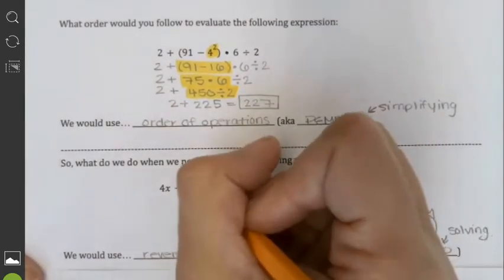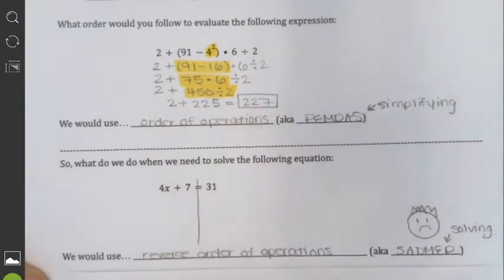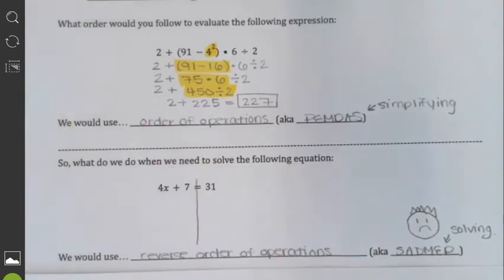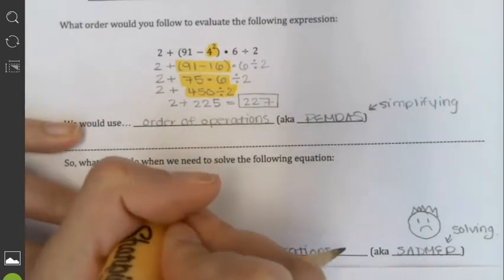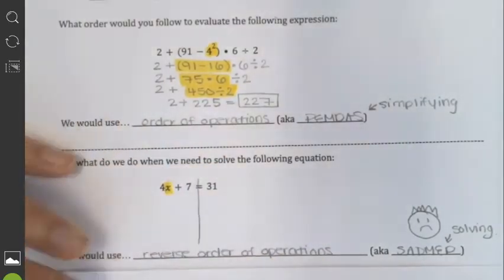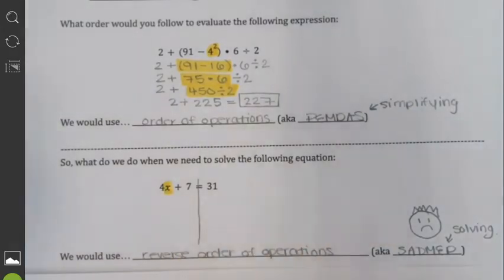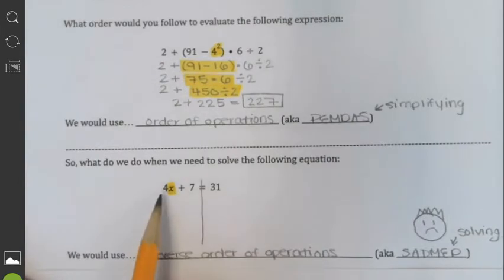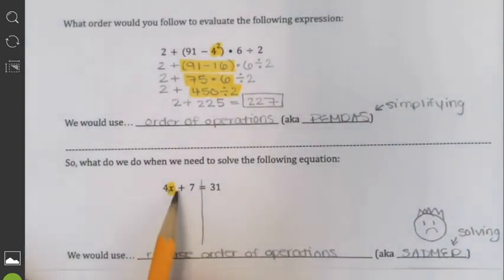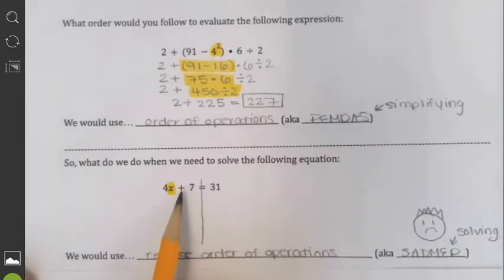We're going to follow really the same steps that we had before to start, where we draw our line and we highlight our variable. Then we look at the operations that are being done to the variable. I read this as 4 times x, which is multiplication, plus 7, which is addition.